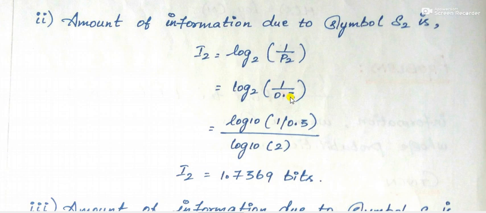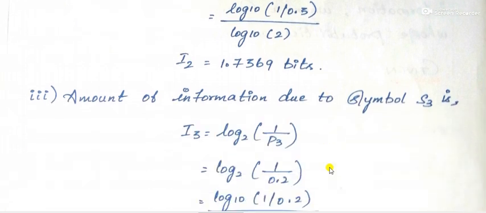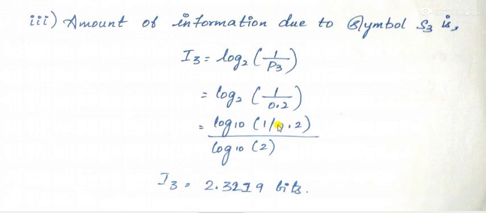Likewise, for the amount of information due to symbol S2, the P2 value is 0.3, so log base 2 of 1 by 0.3, using the same formula. First find 1 by 0.3 and take the log, then divide by the log of 2, and you will get 1.7369. Similarly, for symbol 3, the P3 value is 0.2, so I3 is equal to 2.3219 bits.